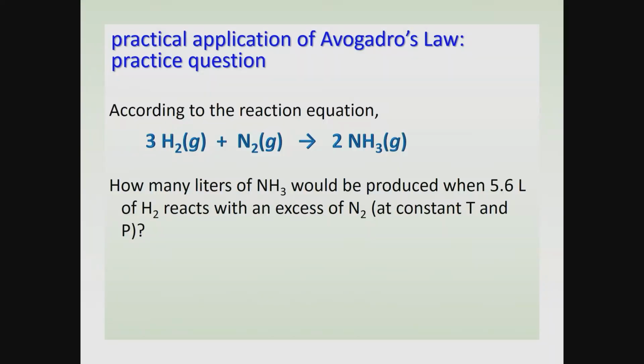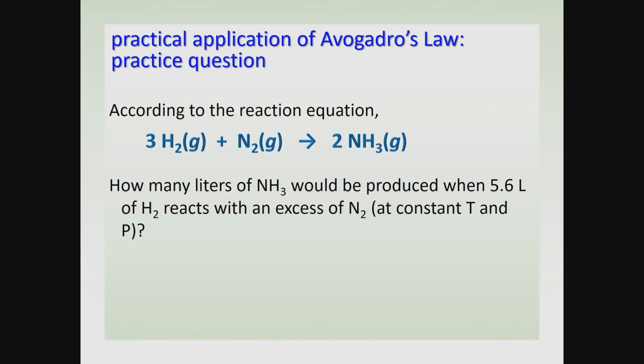Let me give you an example of how to use that knowledge to solve a problem. It says, according to the reaction equation, and again, it's the one we were just looking at, how many liters of ammonia would be produced when 5.6 liters of hydrogen reacts with an excess of nitrogen? So here we have 5.6 liters of hydrogen, and from that equation, we want to figure out how many liters of ammonia are produced.